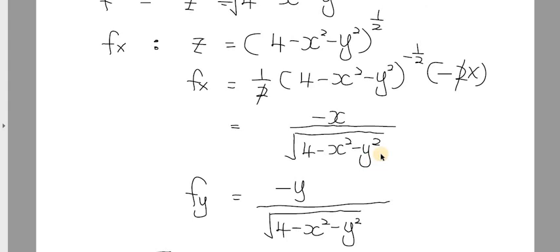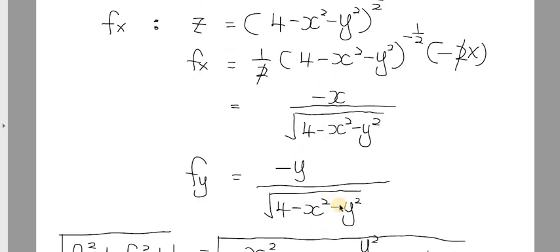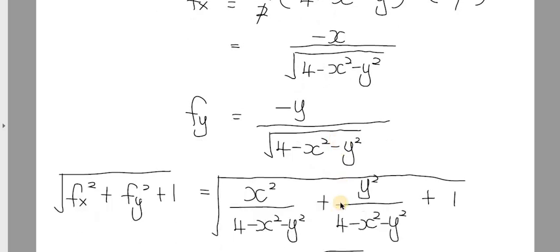I rewrite it this way and this represents my fx. As for my fy, it is quite similar to fx, except that here it will be negative 2y. So I will get this for my fy.